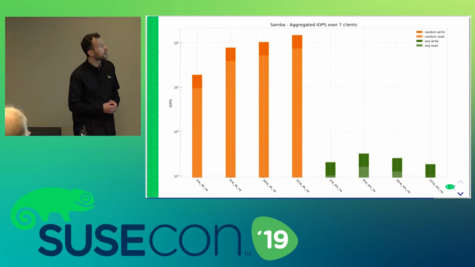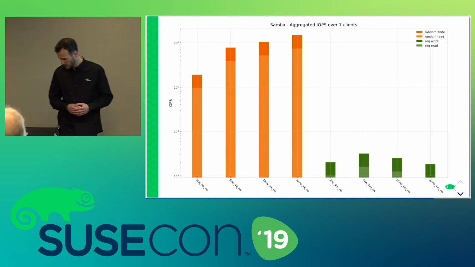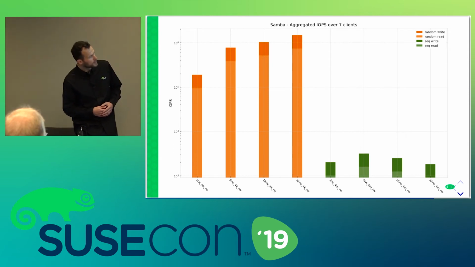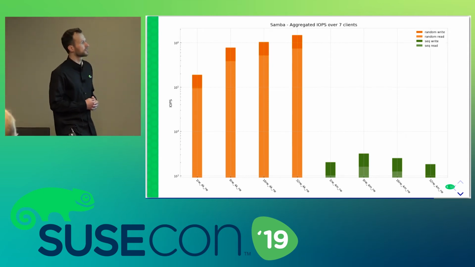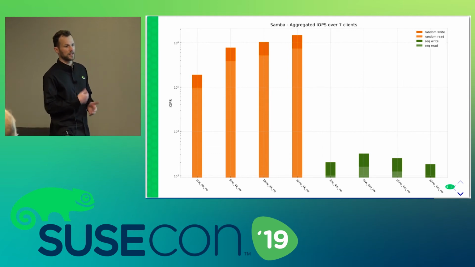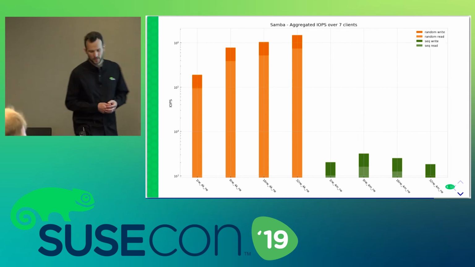IOPS were also just over 1 million for the 4K workloads. Like Jan's benchmarks as well, I did have some client caching enabled, so it was doing an fsync every 64 IOs on the client.